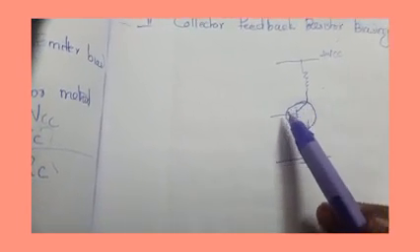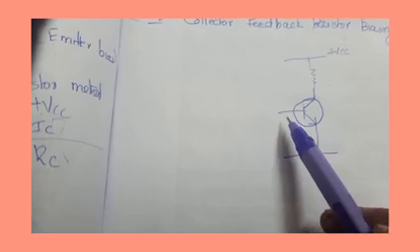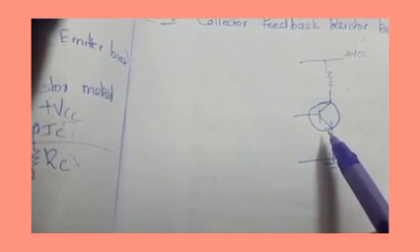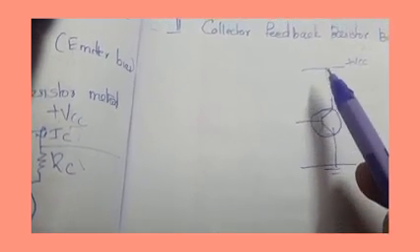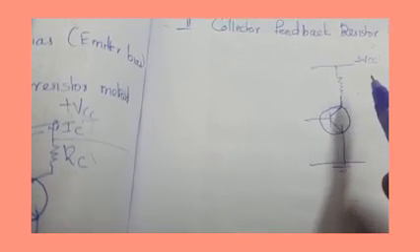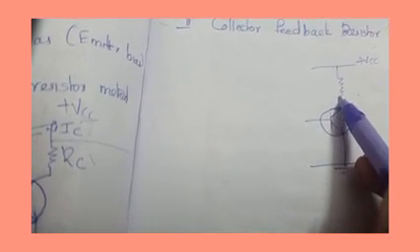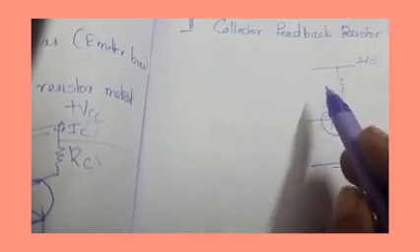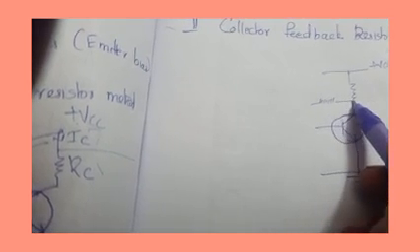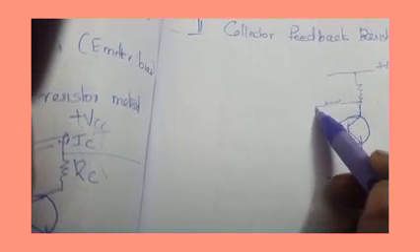In this common emitter configuration, the input is given between emitter and base. This is the emitter and this is the base, and the collector is connected to plus VCC. Here IB, the zero signal base current, is provided from the collector. That means a feedback circuit RB is connected from the collector to base.